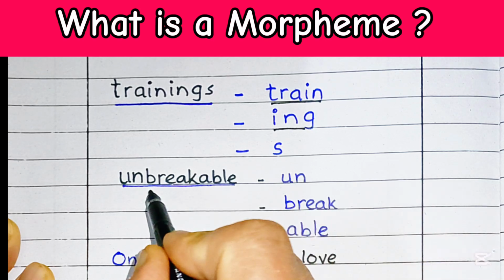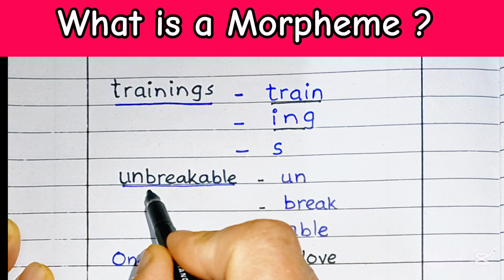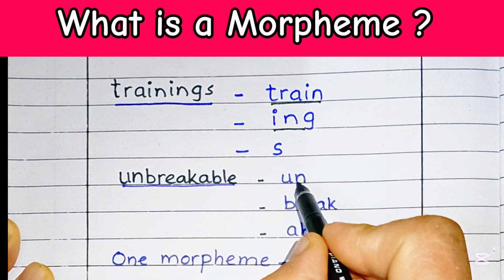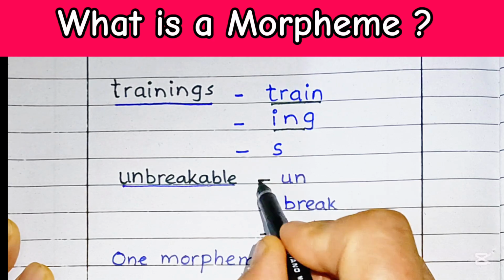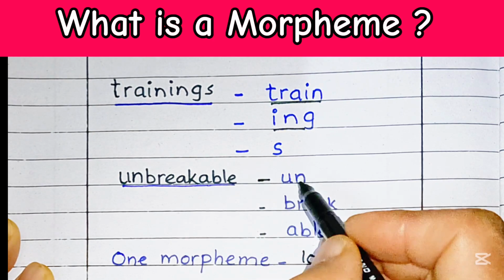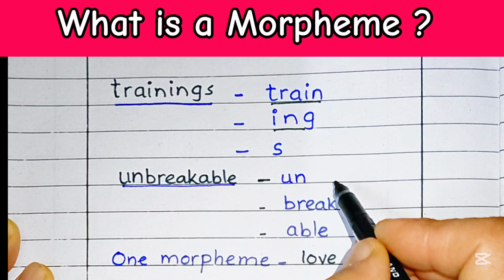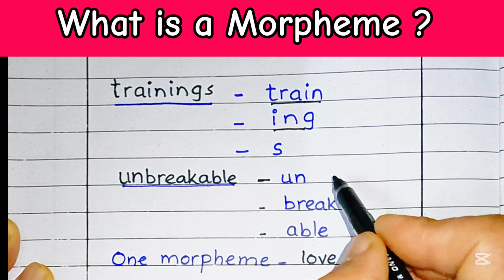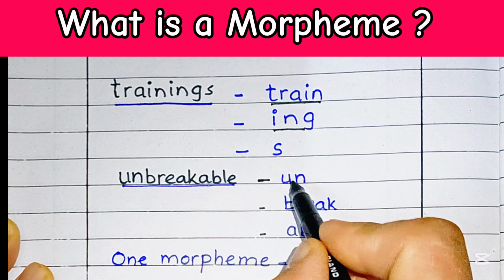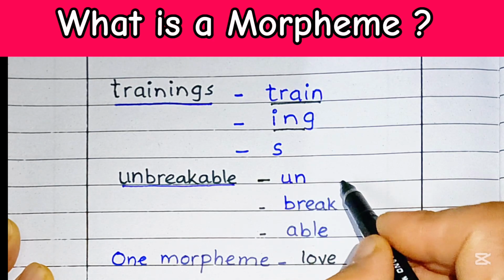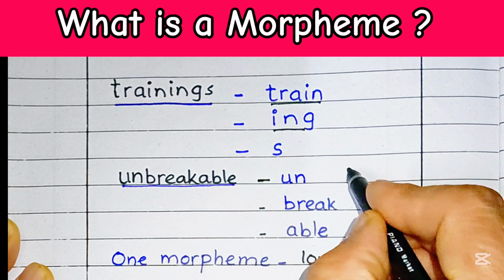For example, in the word unbreakable, the first two letters, U and N, un, are independently meaningful in a way that just the first letter U is not. Un means something like not.